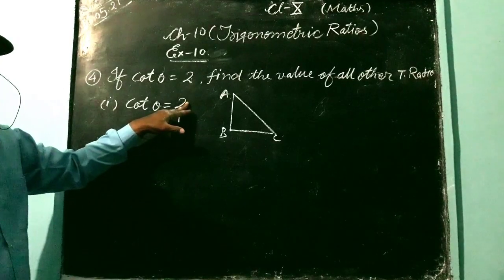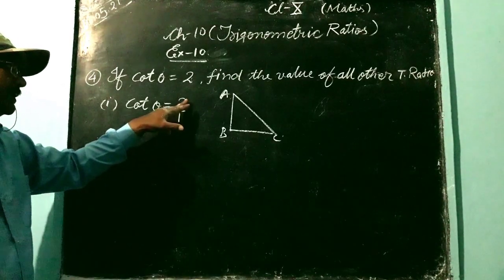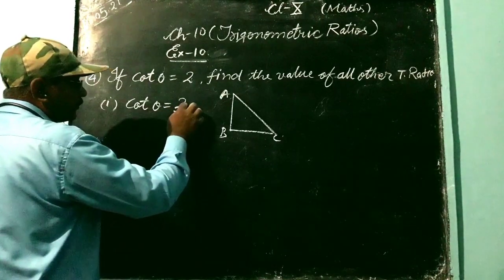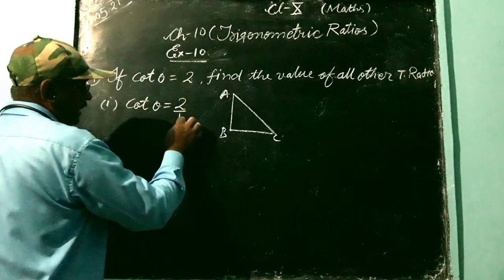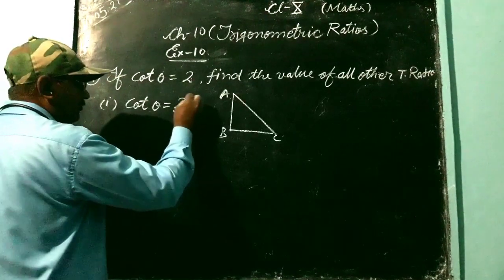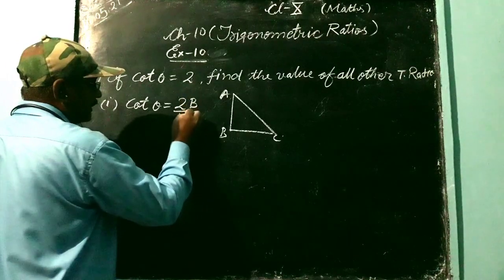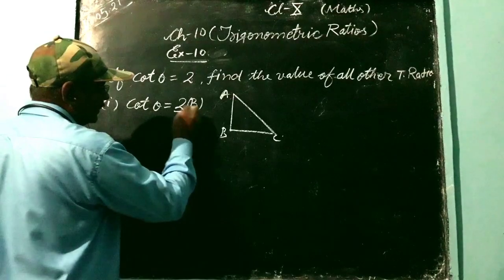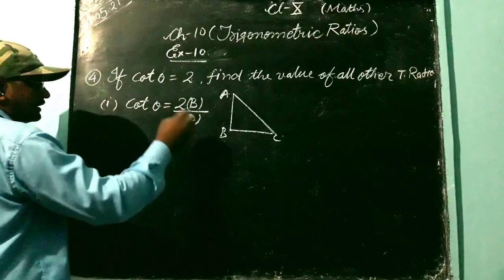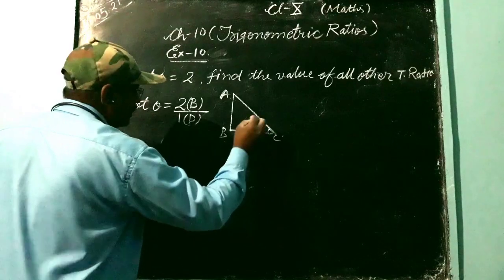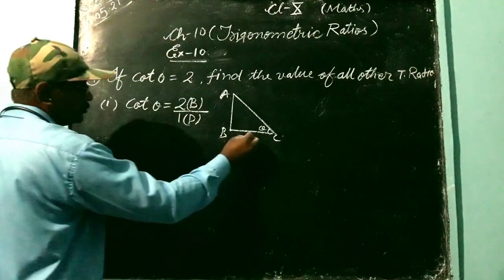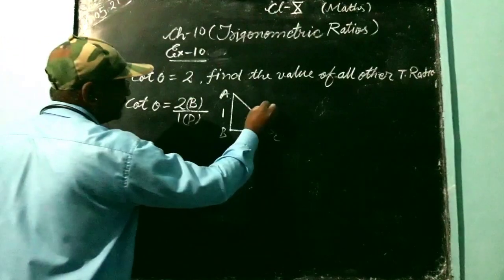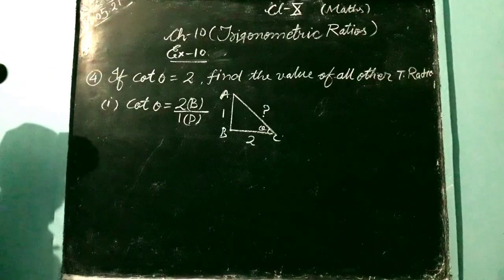So 2 will be the base and 1 will be the perpendicular, since cot theta is base upon perpendicular. Now you need to find the hypotenuse H.